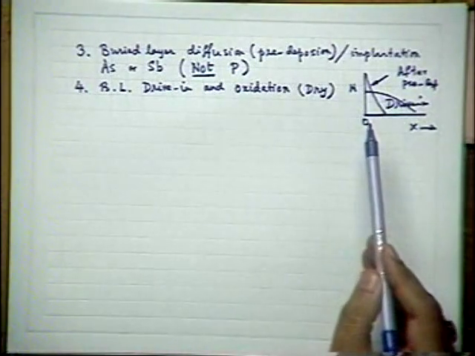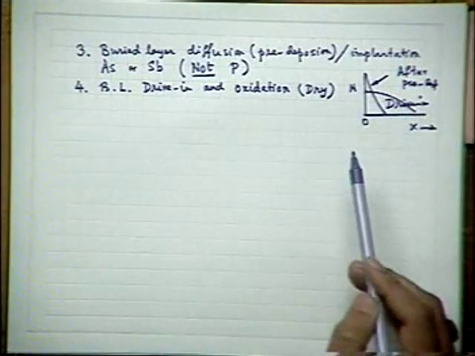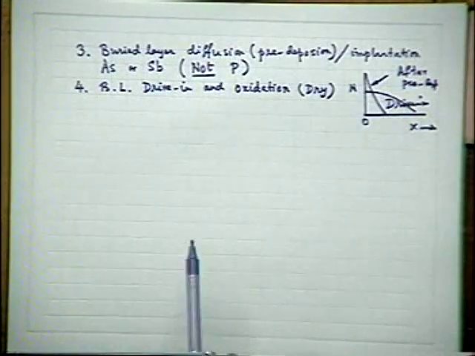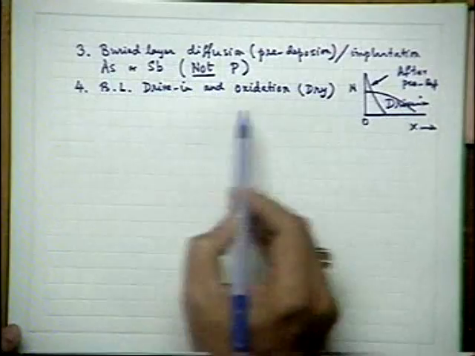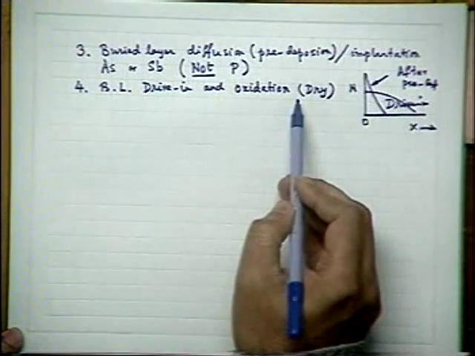The impurities get driven into the substrate. And we do it normally under dry oxidation condition.